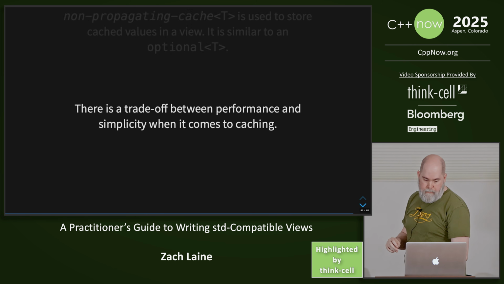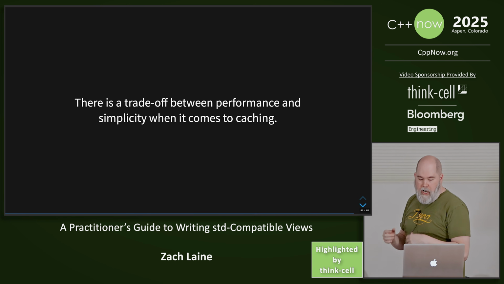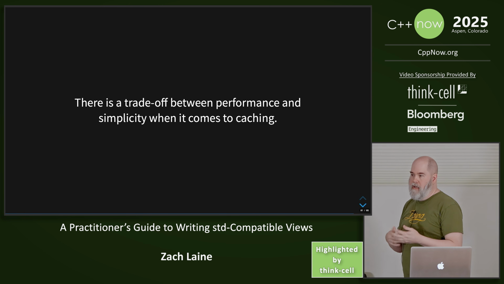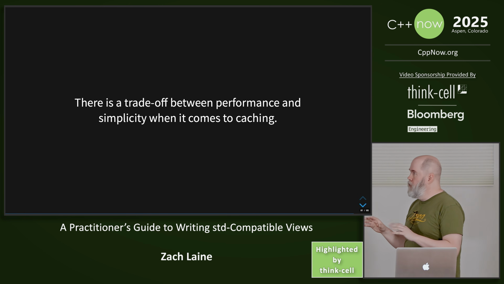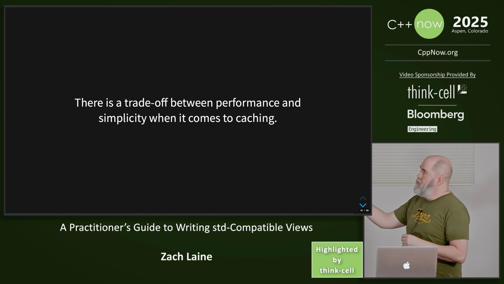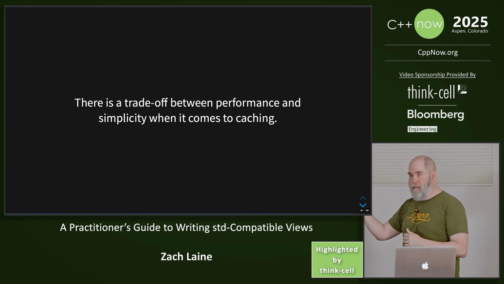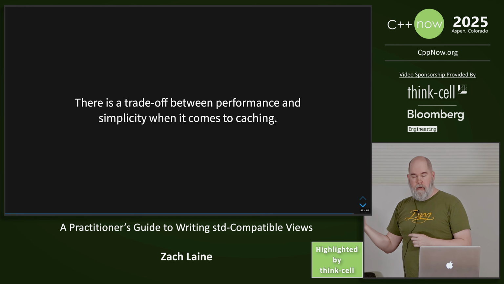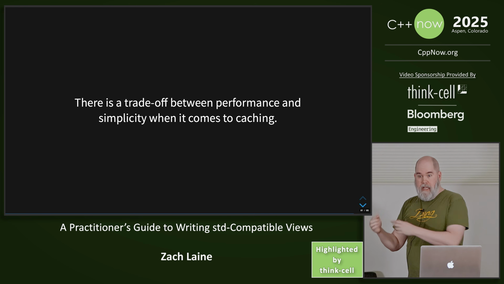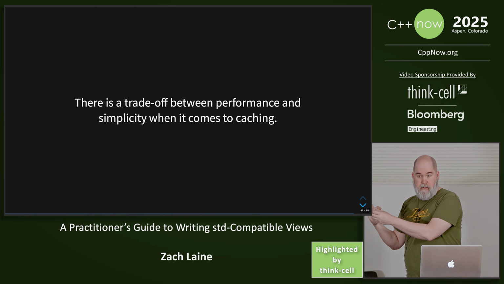All right. And there's, in general, I think, a trade-off between performance and simplicity when it comes to caching. So again, with filter view, the way it works is because filter view needs to find the next available item whenever you increment it. When you get back begin from the filter view, you need to be able to dereference that right now. There is no increment step that happens, right?